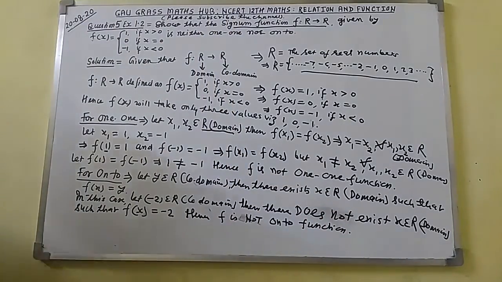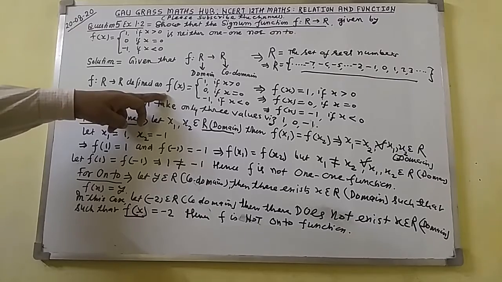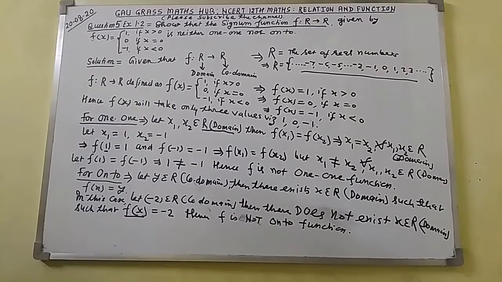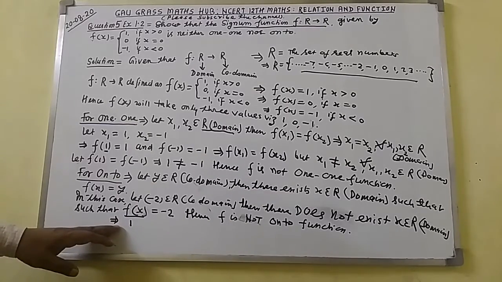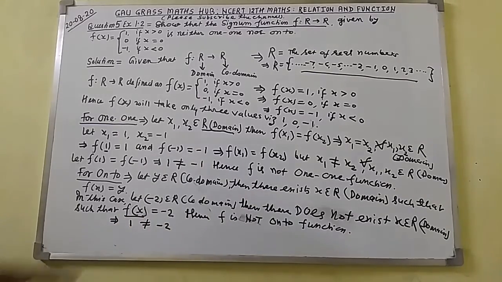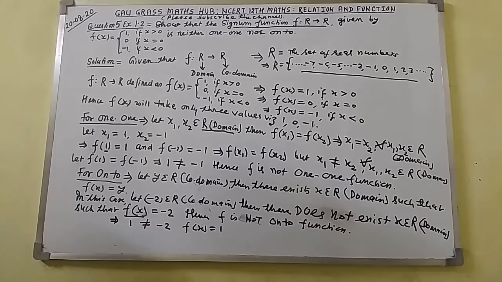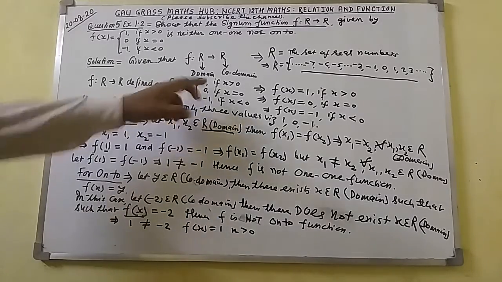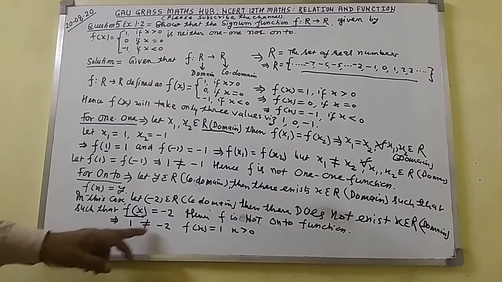F is not onto function because here you can see, if you take f(x) equal to 1, x greater than 0, so 1 is not equal to minus 2.